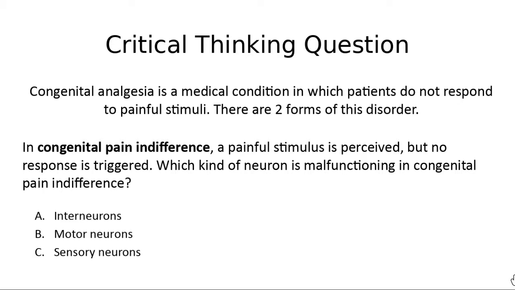Let me deploy my poll. Completely anonymous, and if you don't know the answer, just give it your best guess. I don't care. In the poll for me, let's do a vote. Do we think that congenital pain indifference is an issue with interneurons, motor neurons, or sensory neurons?